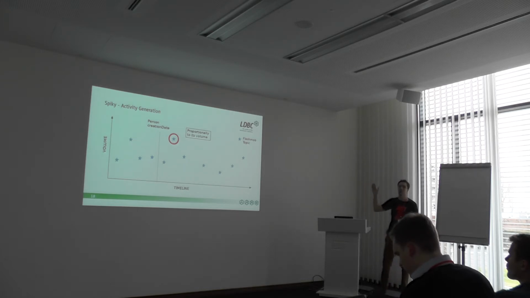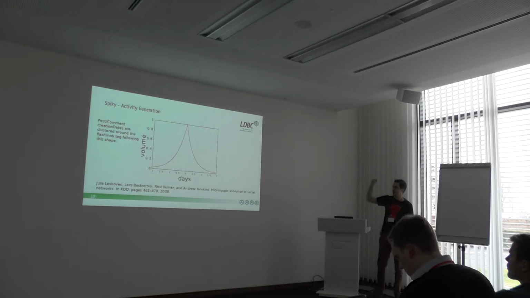So they are not uniformly selected, but proportionally. So the most popular are more likely to have a message talking about this topic. And then we use the time and the topic of this flash mob tag to select the topic and the time of the creation of the message, following this shape around this event.